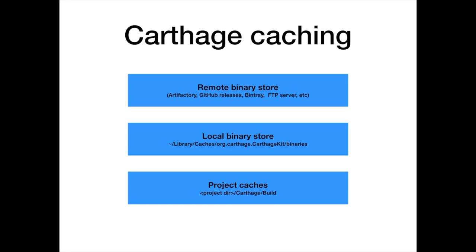Then there's a local binary store, which is in your local library caches directory. It contains binaries that were built or downloaded, and they are separated by Swift version and build configuration, like debug or release. Then within each project there's the local project cache, which is in Carthage build. If there's no change to the source code or to your dependency version, it won't even need to revert to any of the higher caching mechanisms.